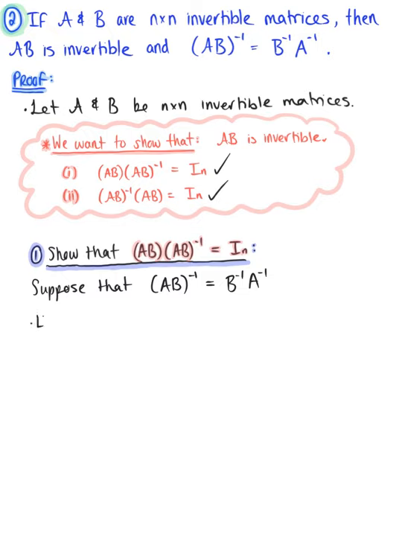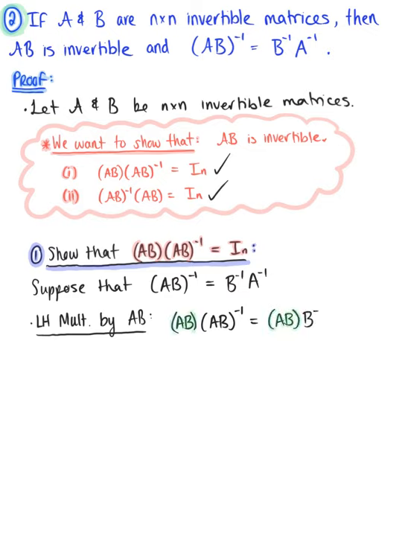Well, let's start by left-hand multiplying the equation by the product AB. So here we go. We have on the left, we're multiplying by the product AB, and this is multiplied by the inverse of this product. And we have on the right-hand side, again, we are left-hand multiplying by the product AB, and this is multiplied by the inverse of matrix B, multiplied by the inverse of matrix A.